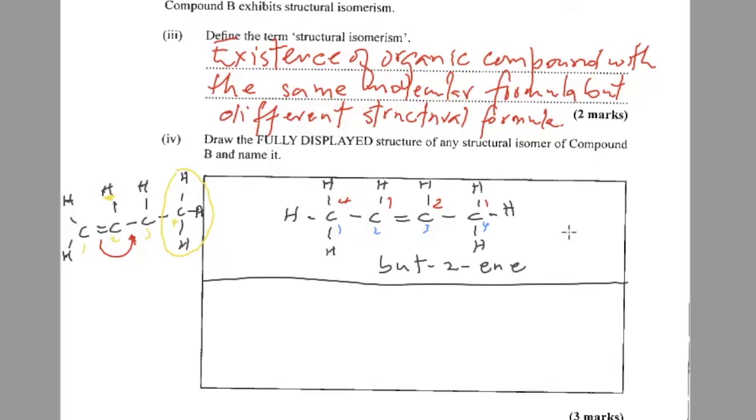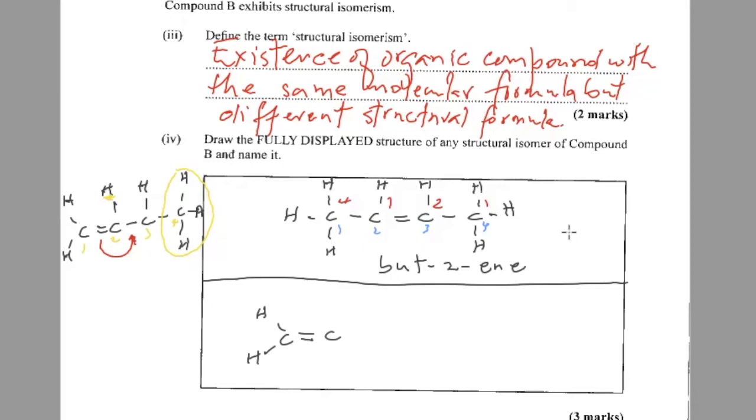Right. So if we were to do that, then this is what our compound would look like. So let's draw that compound and we're going to name it. So we'll still have our CH2, and then we would have our carbon-carbon double bond.